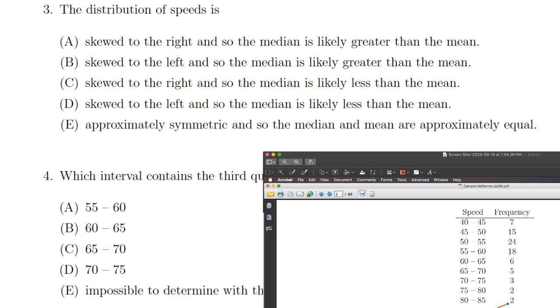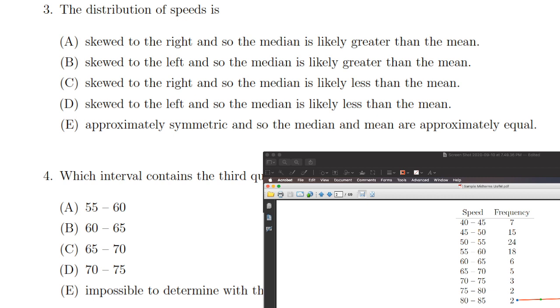Wait, I got a pen. So here there's just a few on the right, if you think of this as a number line, going horizontal, even though it's vertical. Is that okay? So it's right skewed.